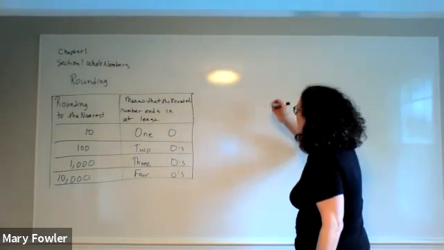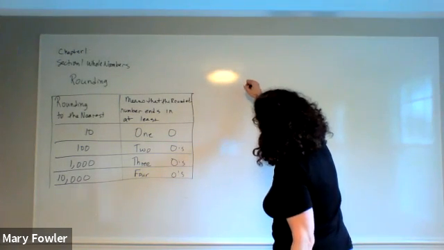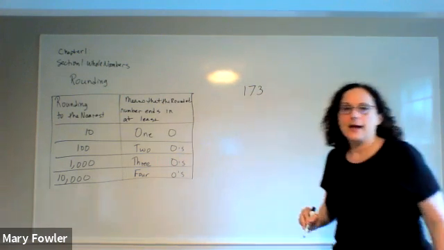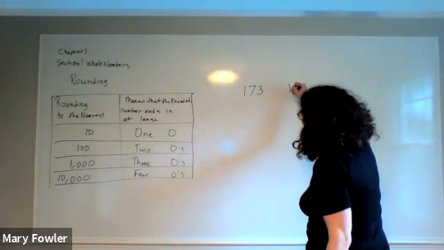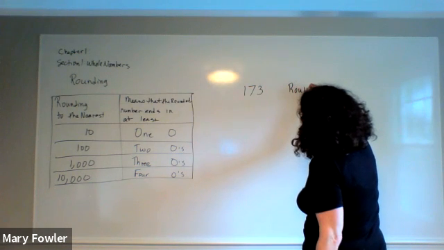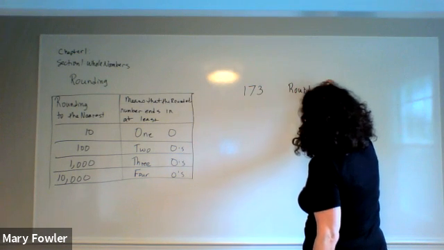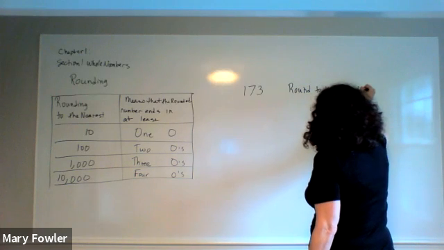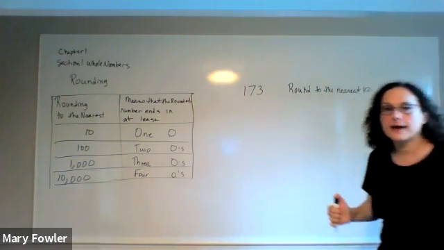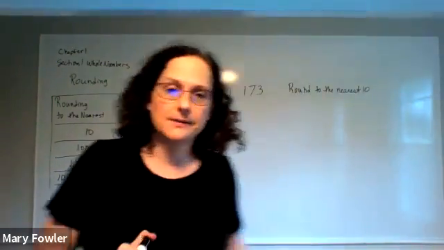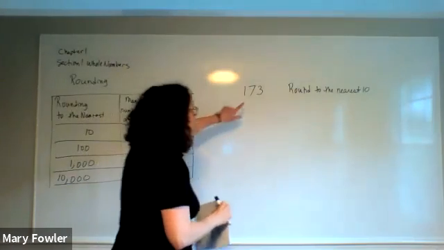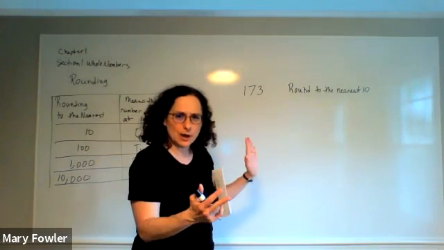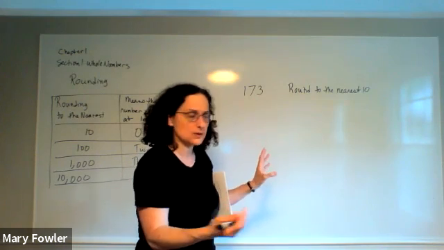Okay, so let's look at this number, 173. And suppose I want to round this to the nearest 10. So just so we understand what that means, I'm going to draw a little number line.